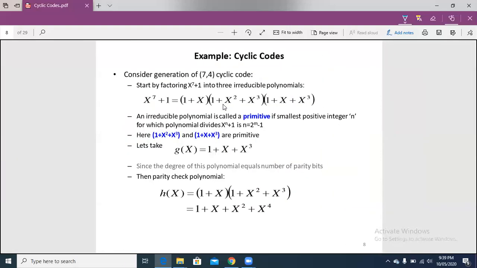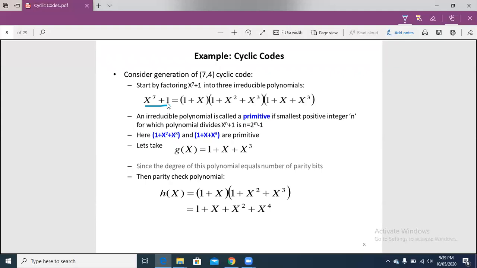So now let's see how we choose the generator polynomial. If it is a 7-4 code word, we have the polynomial x7 plus 1, from which we divide the shifted version of the message.